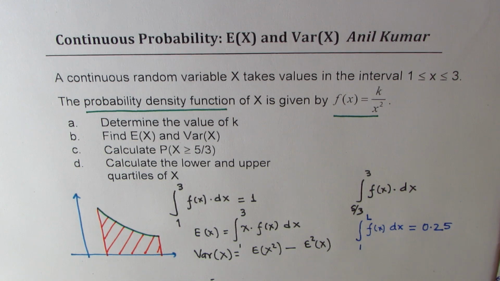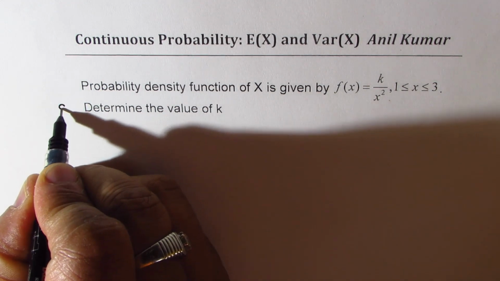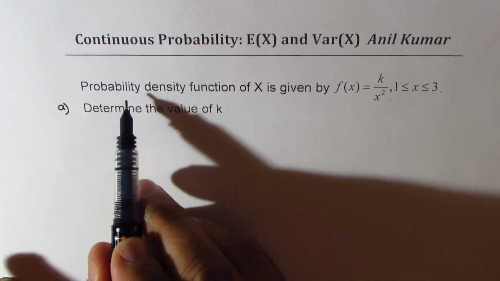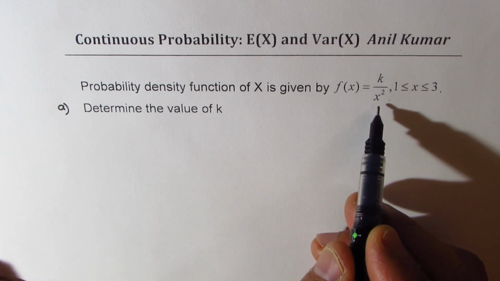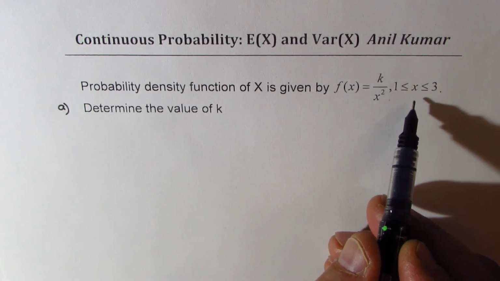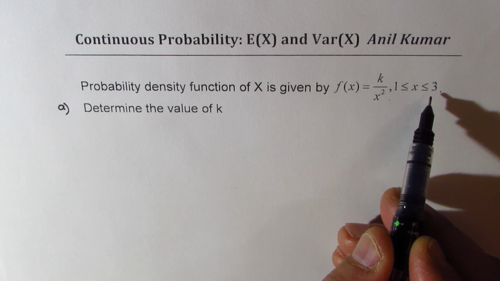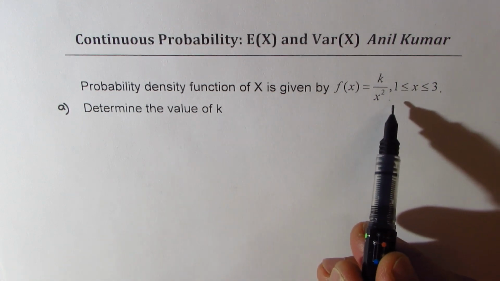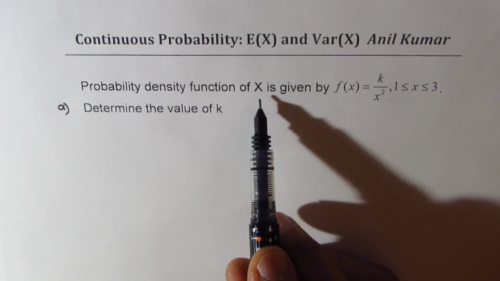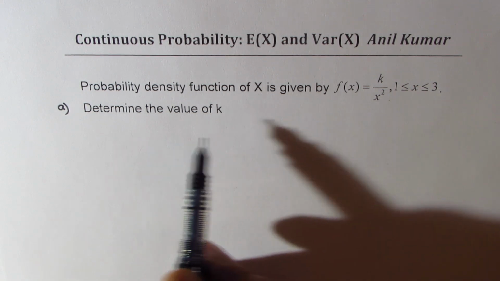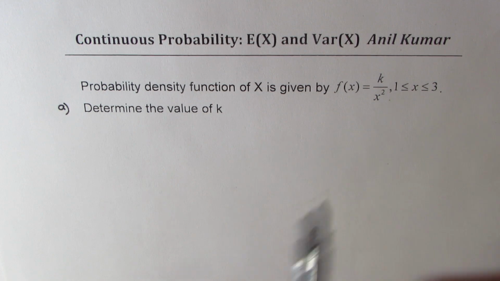Now let's begin and solve the question. Now let's begin with part A. We are given the probability density function as f of x equals to k over x squared within the closed interval 1 to 3. Now sum of all the probabilities for this particular variable, the random variable x, should be 1. And how do we find the sum of all the probabilities?